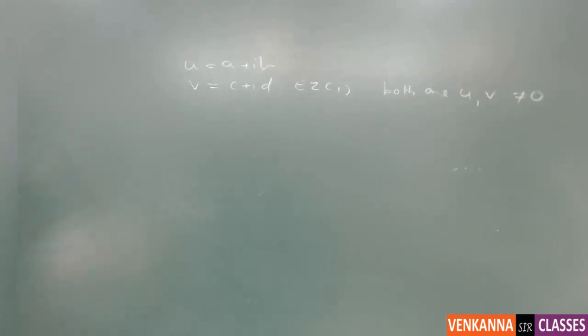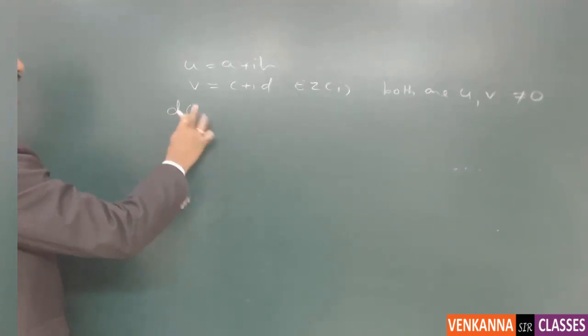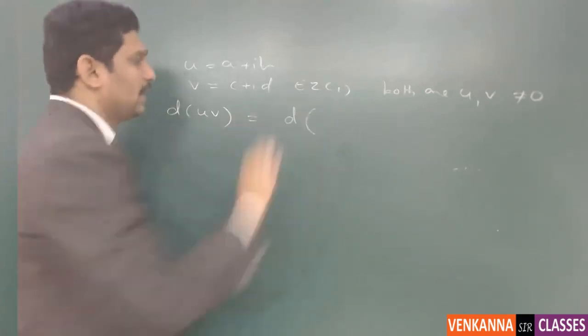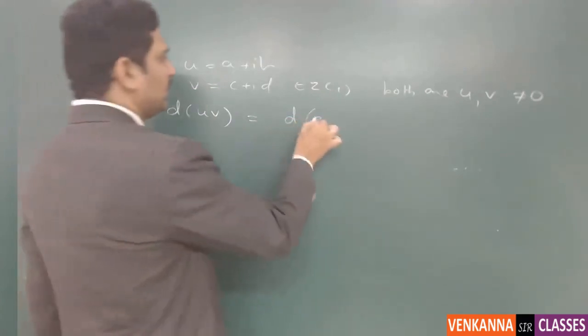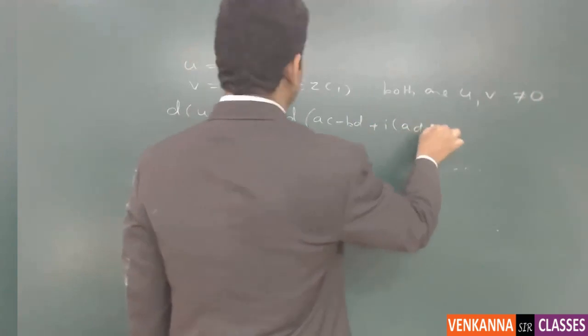Now you consider the product. So if you consider d of uv, the product, you are multiplying these two, it will be (ac - bd) + i(ad + bc).